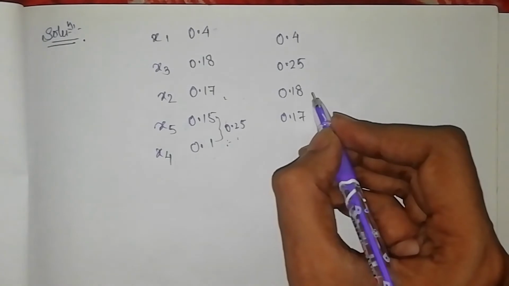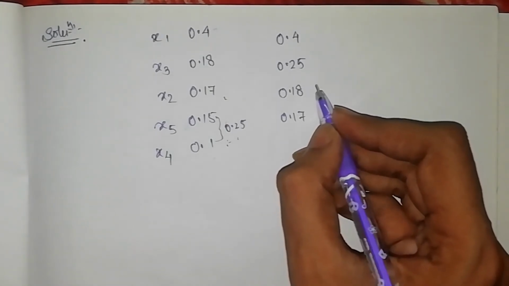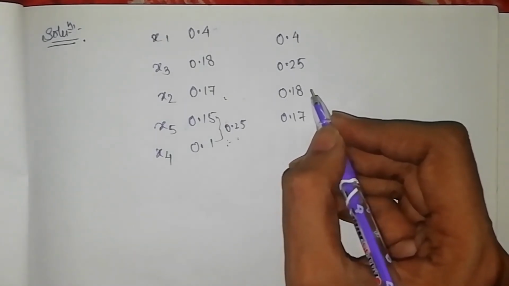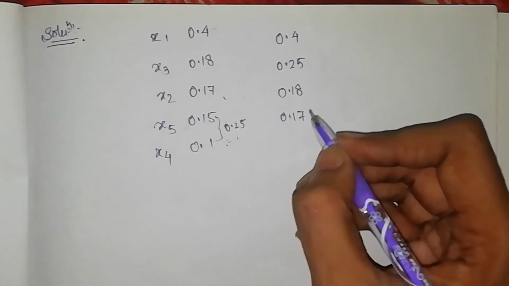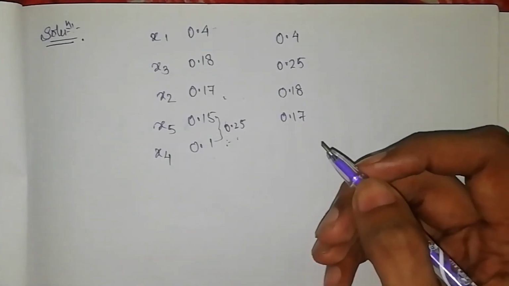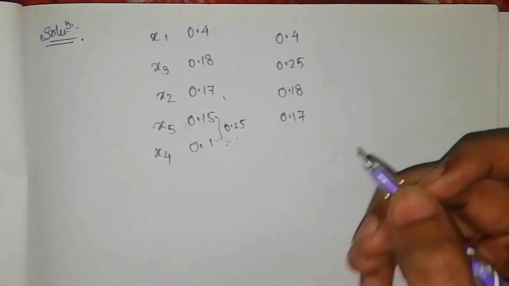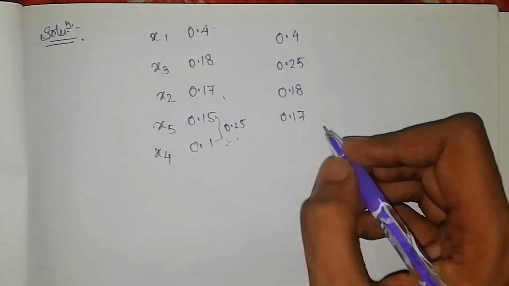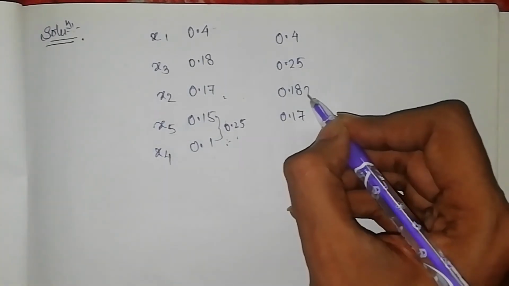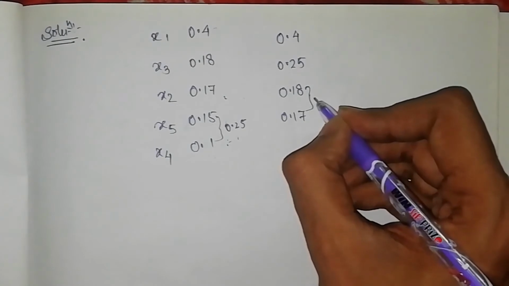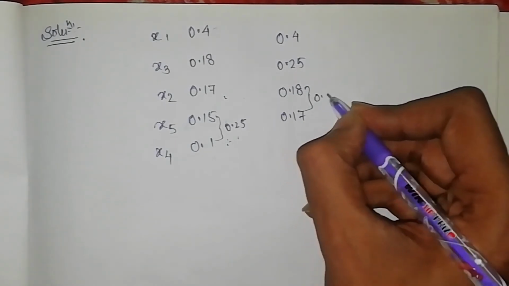Now we need to repeat this step again and again until a last reduction is reached where we will get only two elements. So again we will combine these two lowest values, so we will get 0.35.